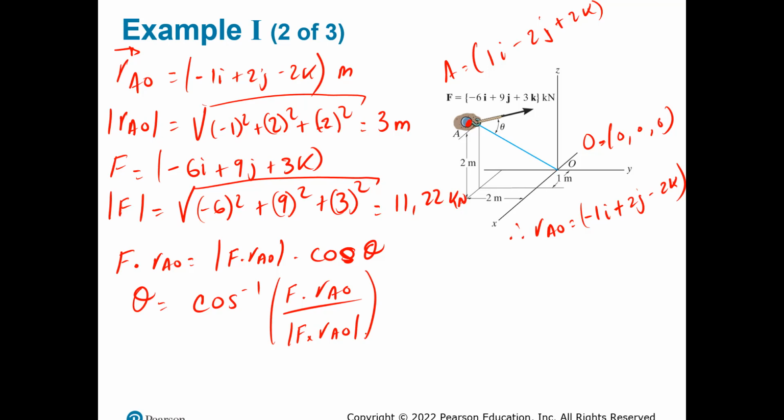So now that you have the formula, you just have to remember exactly what you have and what you don't have. The magnitude is very simple because you already have F, which is right here, and you have r_AO. If you multiply them together, boom, that's fine. So what about the dot product? How do I get it? Remember the definition: it's a scalar.